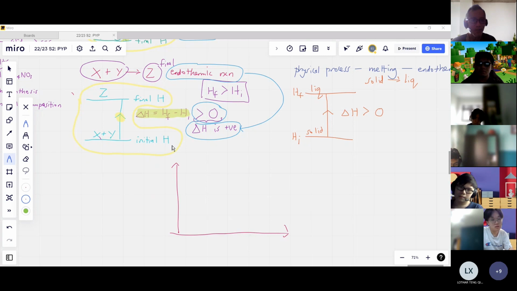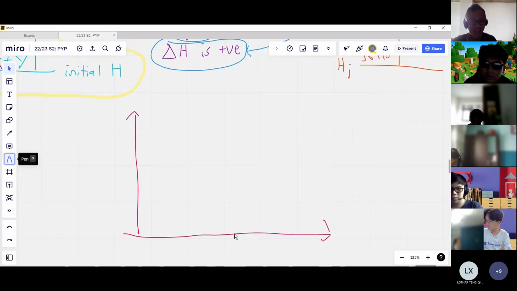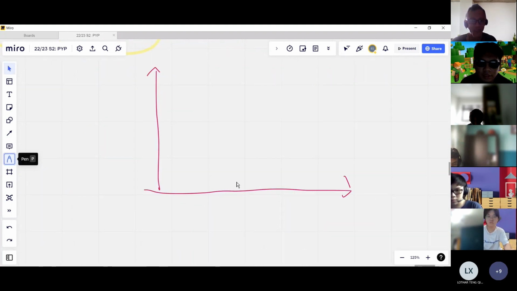Anyone can remember? X-axis is? Ashad, what is x-axis? This one, x-axis. What is my x-axis? Yep, Ashad. Is it time? Okay, time is fine.